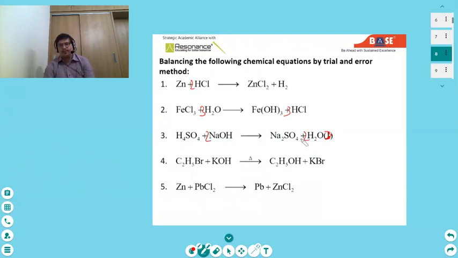So 4 hydrogen, 4 to 6 hydrogen is there. So this will be 3. So 4 hydrogen here, 4 hydrogen there, and here you have SO4, 2. Then it must be some trap in it.